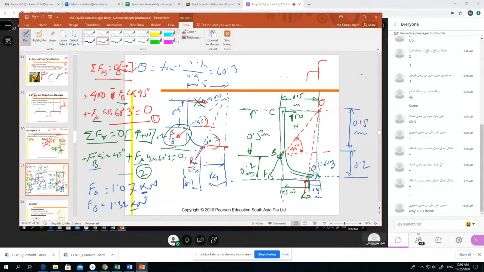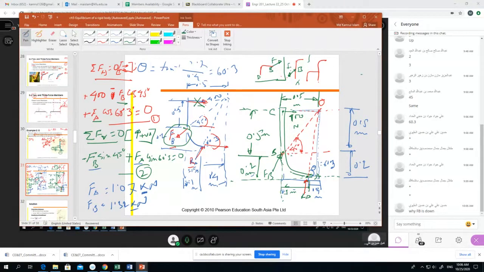Now we mix two separate things. One is like this, and one is like this. Here at B, we assume this is upward for equilibrium with this joint for BD member. If it is upward, for ABC member at the same joint, it will be downward, right? Otherwise, it will not be in equilibrium.